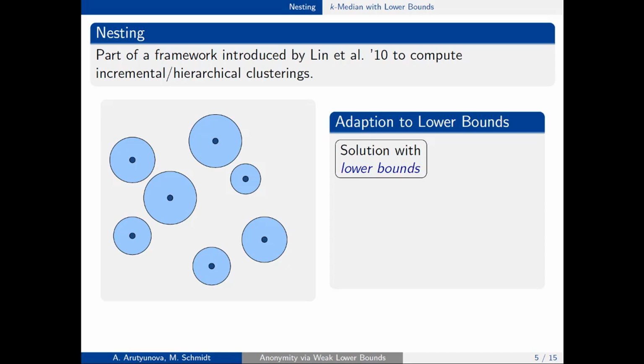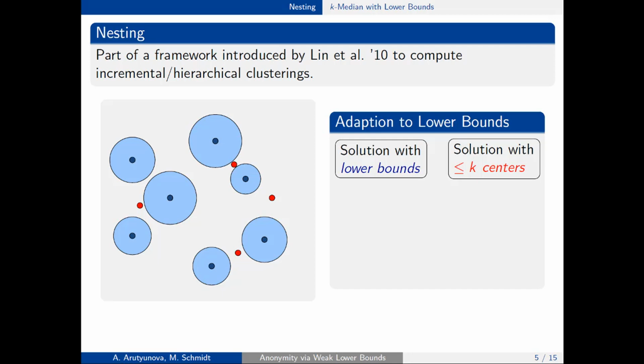So here, when we adapt this for lower bounds, we may have a solution which has lower bounds but has too many centers, and we may have a solution which has no lower bounds but at most k centers. The left can be computed with one of the algorithms for facility location with lower bounds, and the right can be computed with one of the algorithms for k-median.